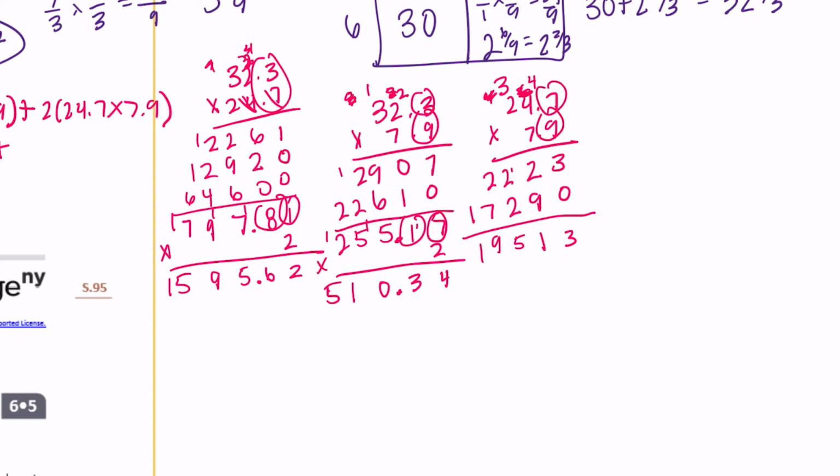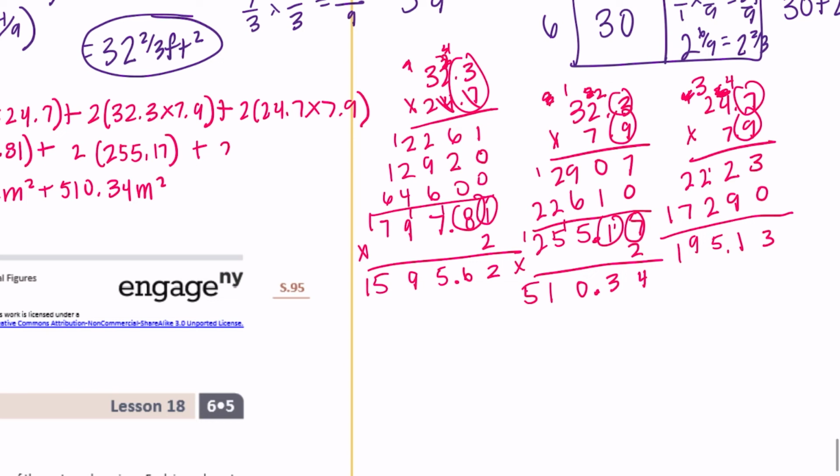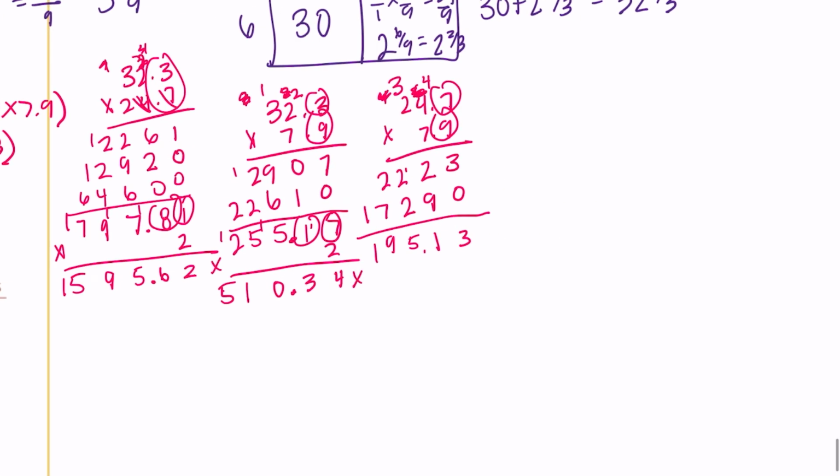And 2 digits behind a decimal point. So 195 and 13 hundredths, 2 groups of those. Let's just multiply it by 2 for the 2 faces.